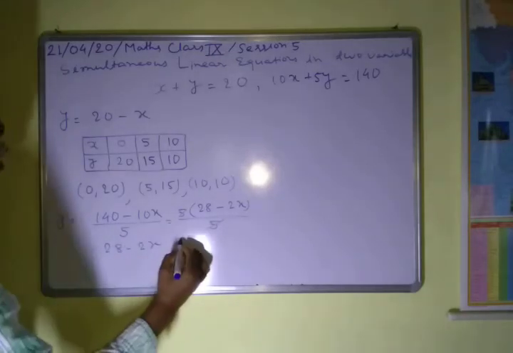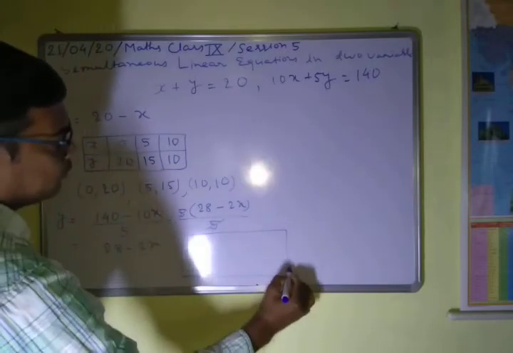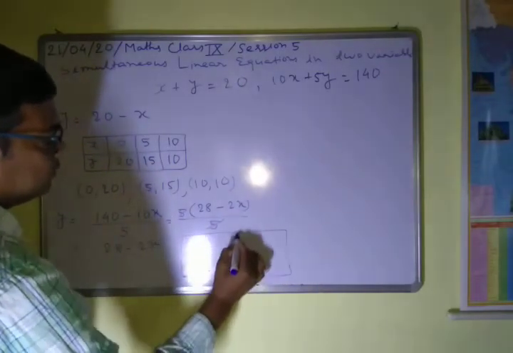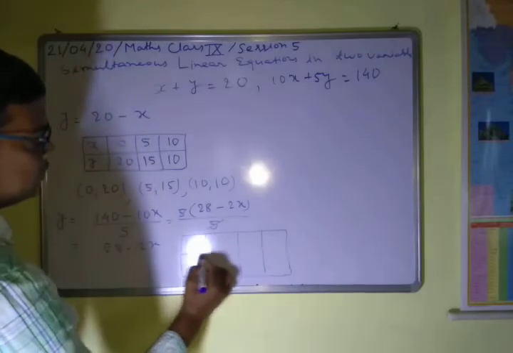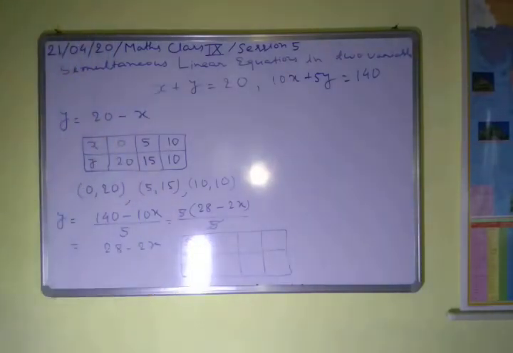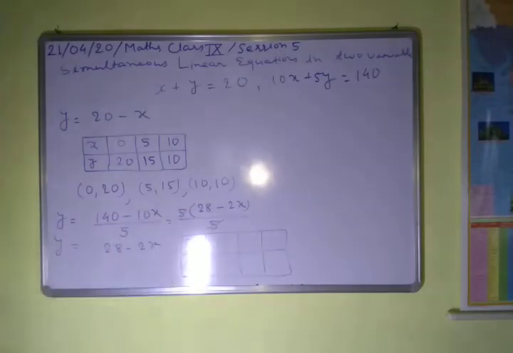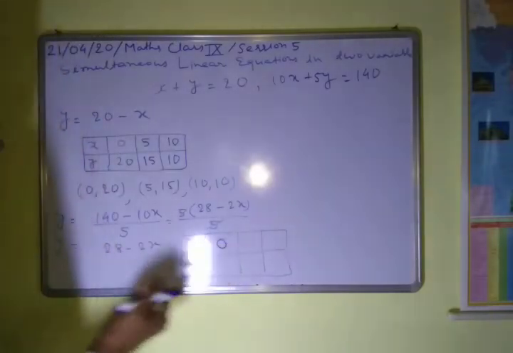So for this, again you will find the points. Taking x equal to 0, you get y equal to 28, and that is a very big value. But in this question, you have to deal with big values.